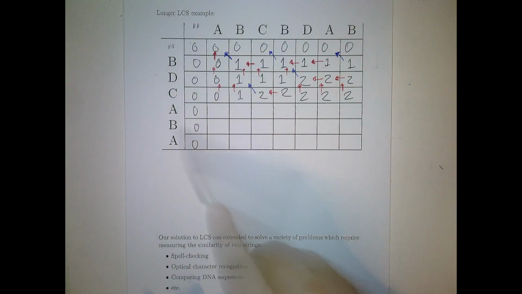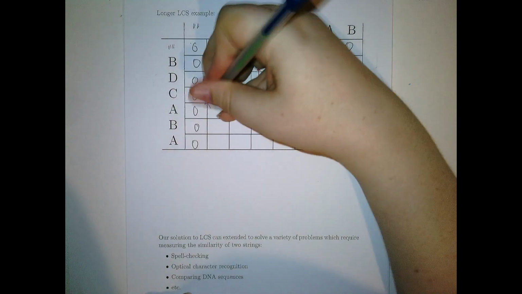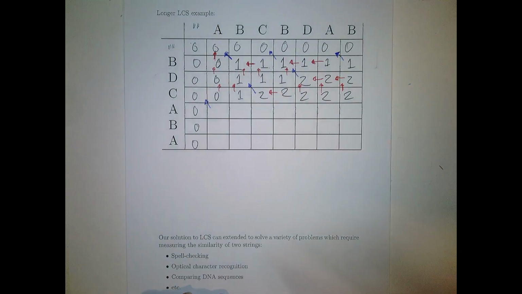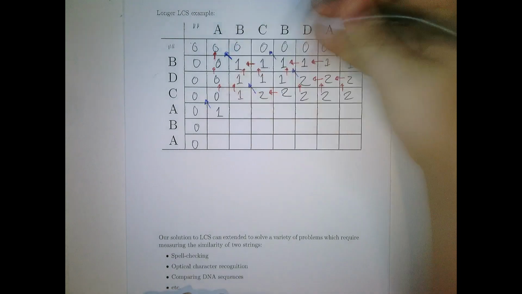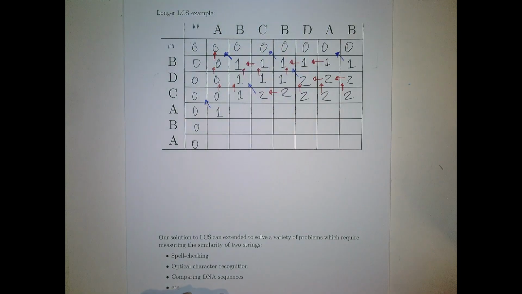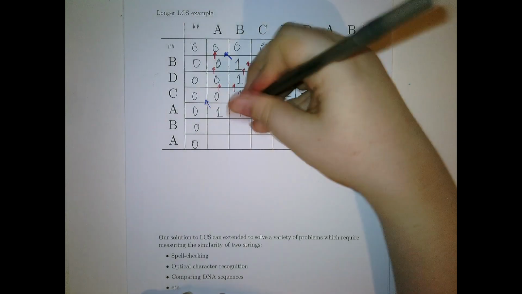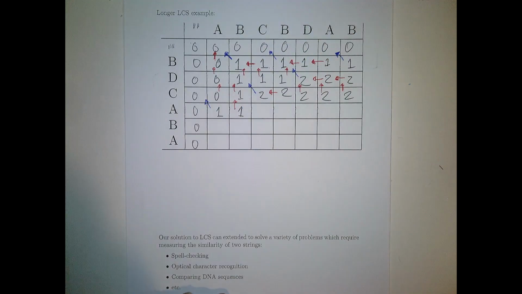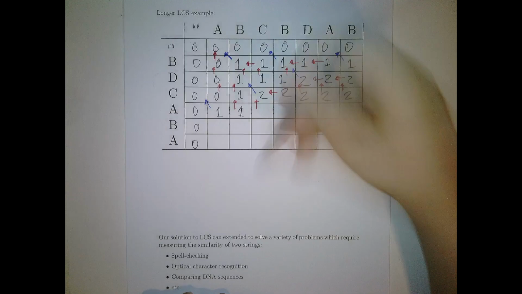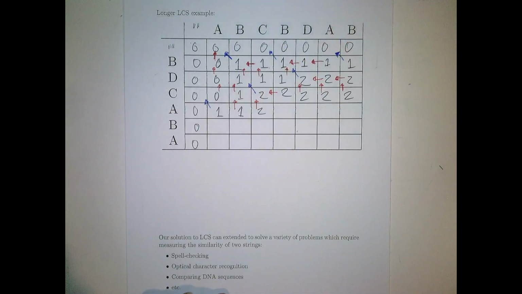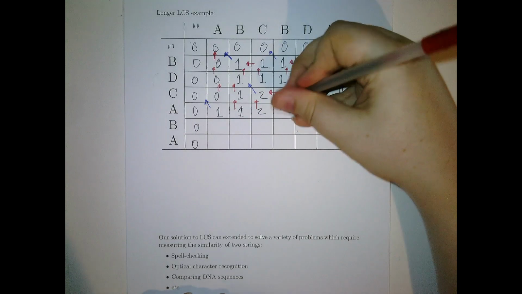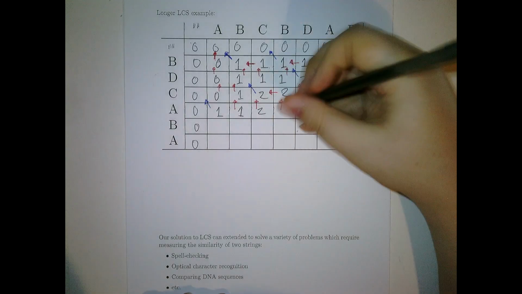Next one, A versus A, that actually is a match right away, so we'll take diagonal, so that'll be 1. A versus B, not a match, so we'll break ties. A versus C, not a match, but we'll take top because it's the max. A versus B, not a match, so we'll take top because they're the same.